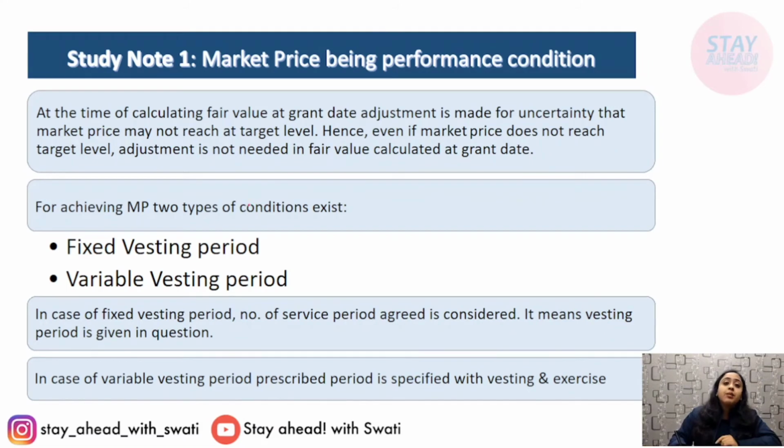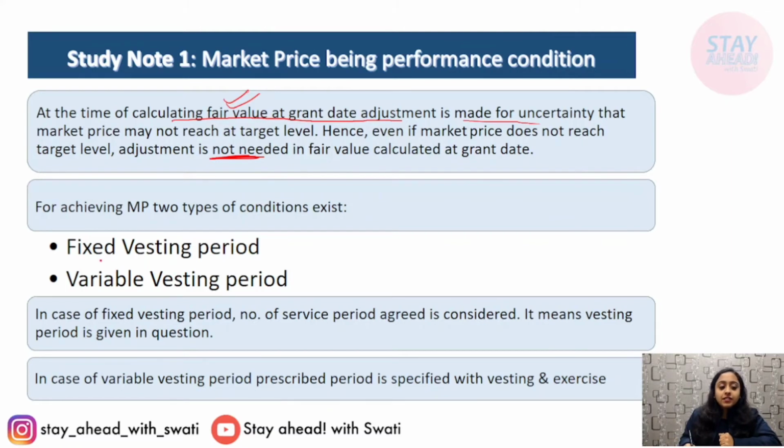If market price is the condition laid out, then at the time of calculating fair value at grant date, adjustment is made for uncertainty. When we take the fair value at the grant date, you do all the adjustments, and then if any uncertainty or change arises later, you do not need to change anything in the fair value that you have taken at the grant date.